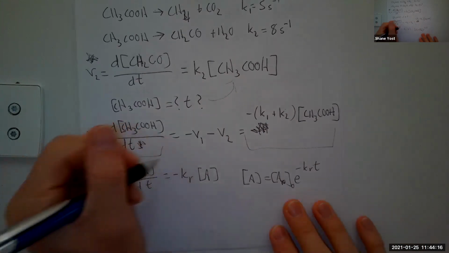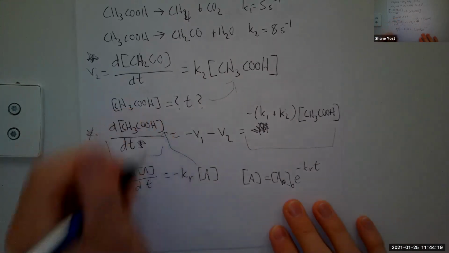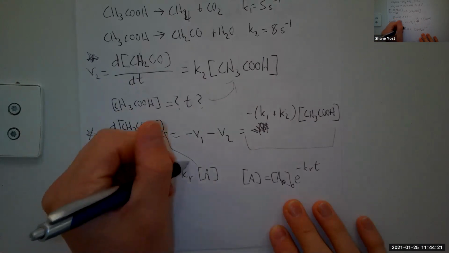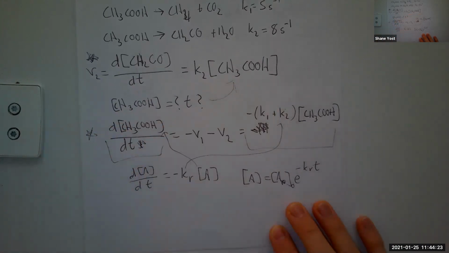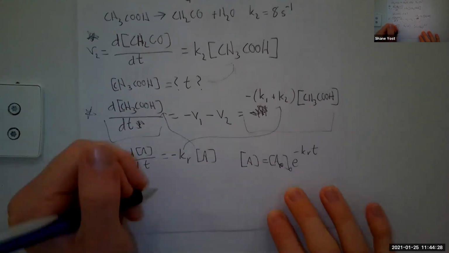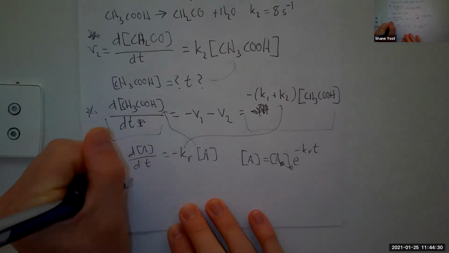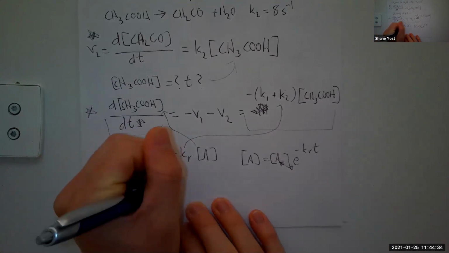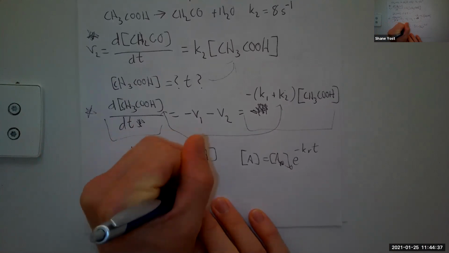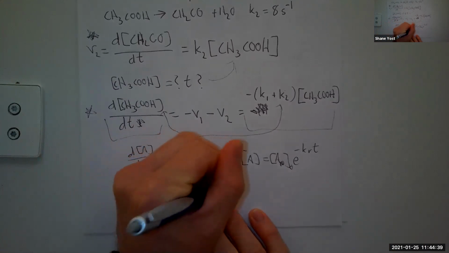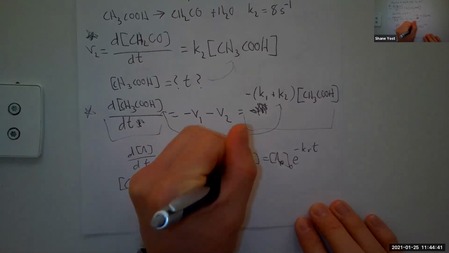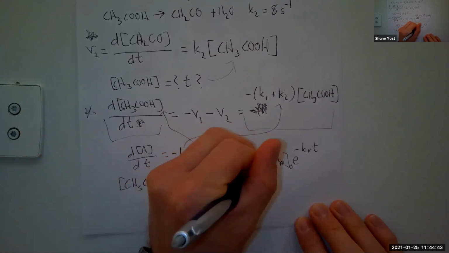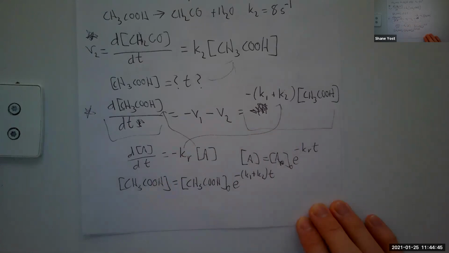Using the fact that I'm calling A CH3COOH, and KR is K1 plus K2, I get that the concentration of CH3COOH as a function of time is equal to the initial concentration of CH3COOH times e to the minus (K1 plus K2) times time.